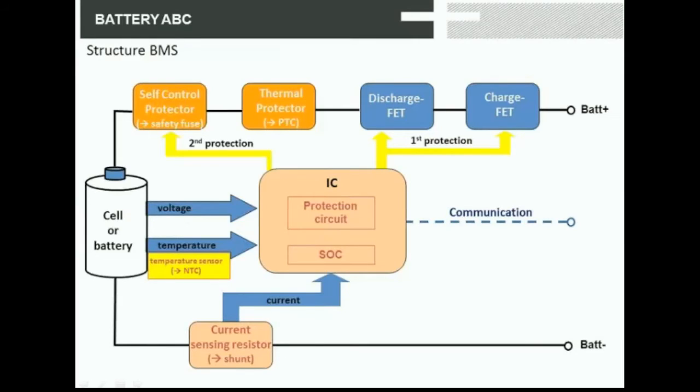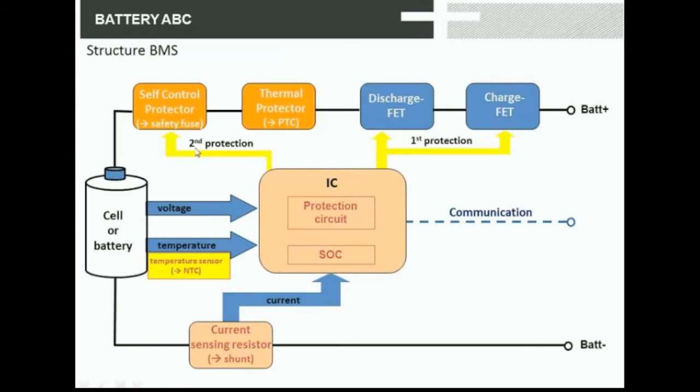All those information will be interpreted by the battery management system, in most cases by the microcontroller, and this microcontroller can turn on and off the energy path, in this case with a MOSFET for charge and discharge, can also be a relay, for example, 1 or 2.